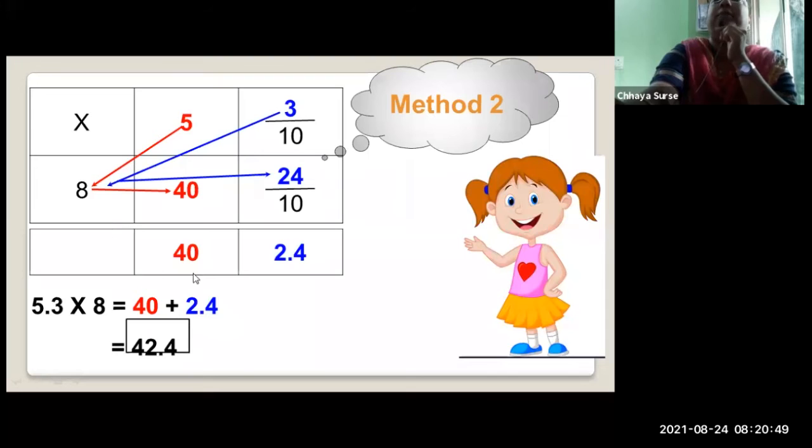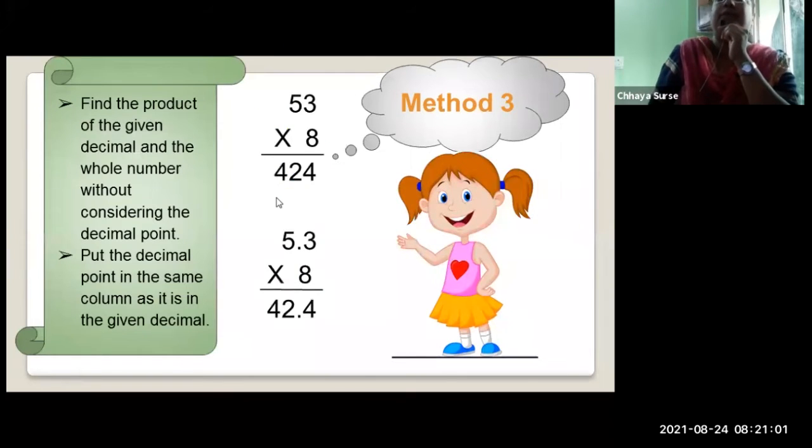The lattice method of multiplication is used to multiply the decimal fraction. Understood? Next, here is the third method. It's the easiest method to multiply the decimal fraction. Here 5.3 is multiplied by 8.